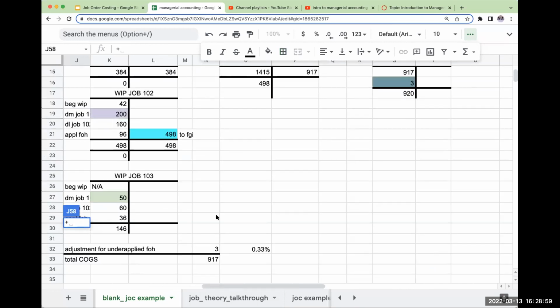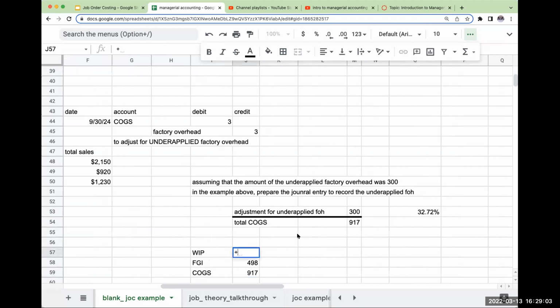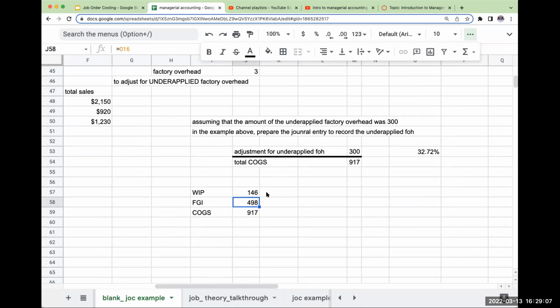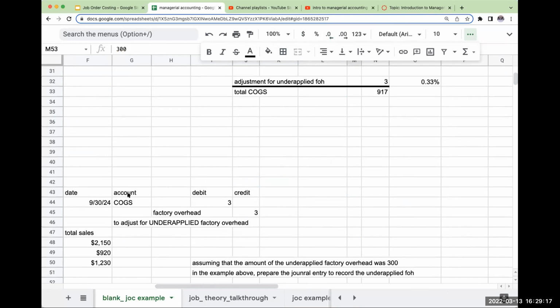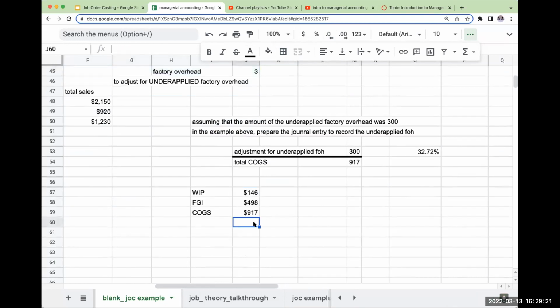My finished goods inventory was 498, and my work in process was 146. Because this amount is materially significant, I cannot just take it to cost of goods sold like I did up here. Rather, I'm going to have to share the love. So let's go through and do it.